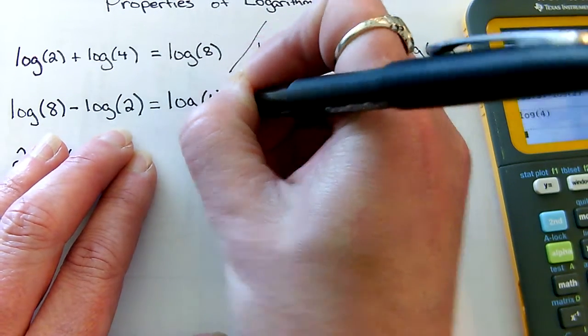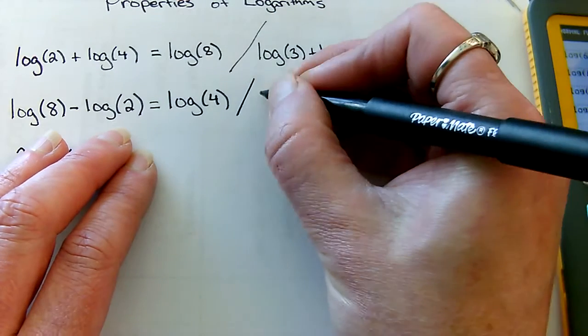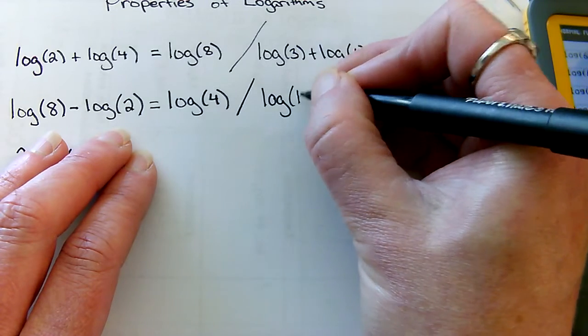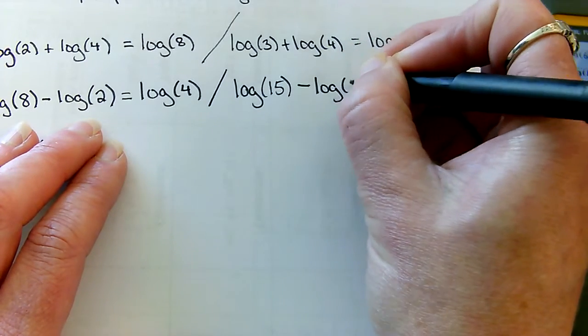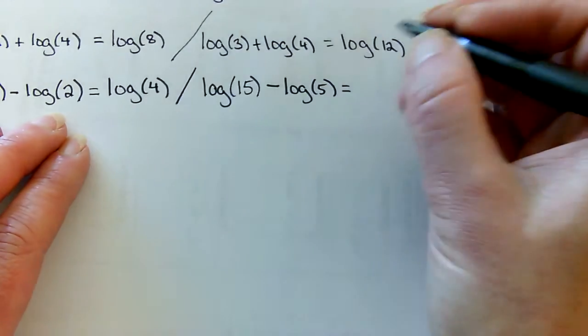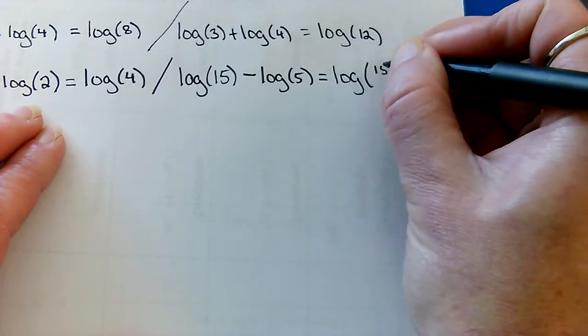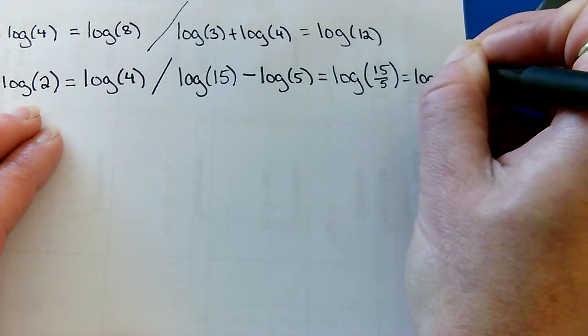So I can combine them by dividing them. So if I had log of 15 minus log of 5, that's going to condense into log of 15 divided by 5, which is log of 3.